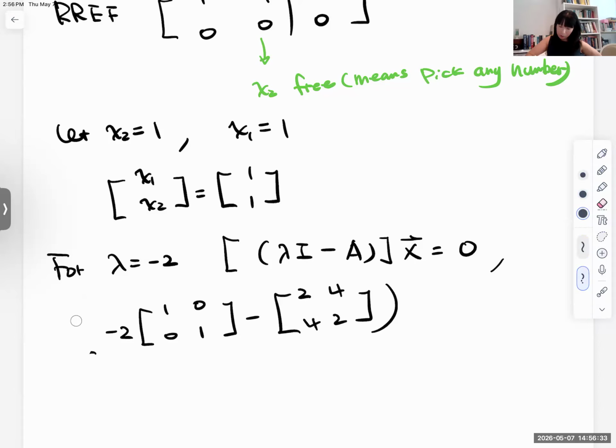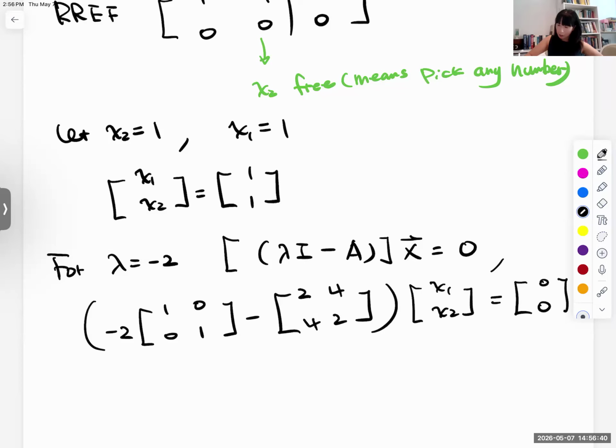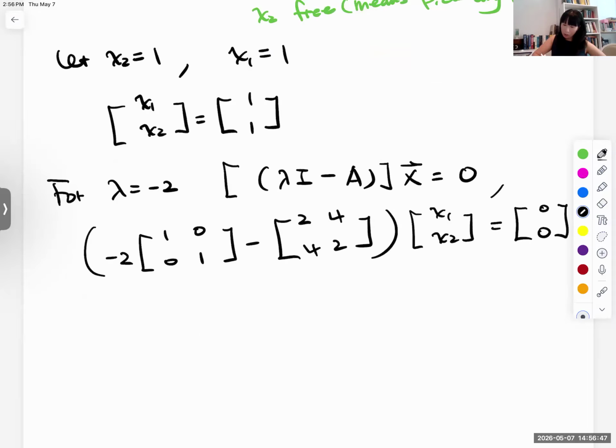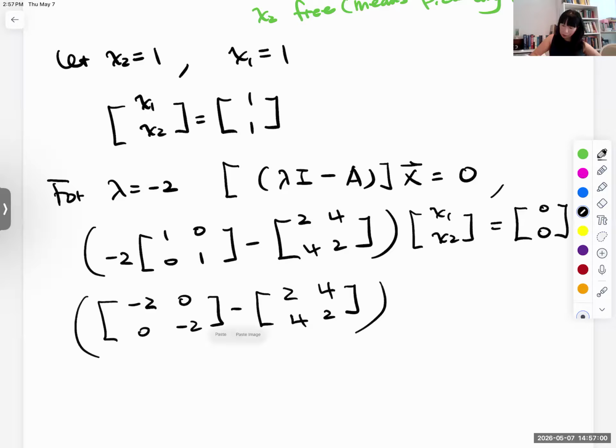Then we're using x sub 1, x sub 2 equal to 0, 0. Yeah? All right. Maybe I can have one more step. Negative 2, 0, 0, negative 2, minus 2, 4, 4, 2, and x sub 1, x sub 2 equal to 0, 0.